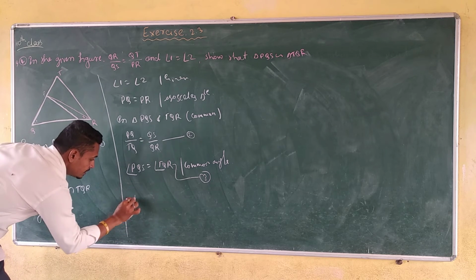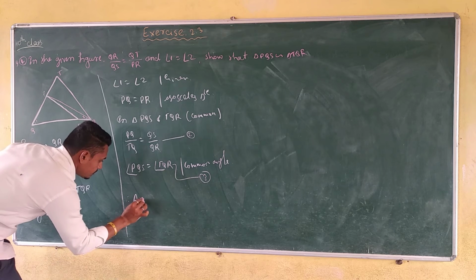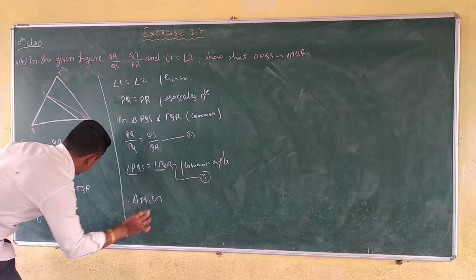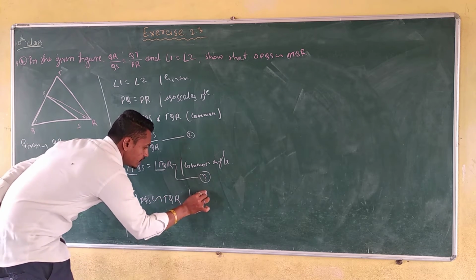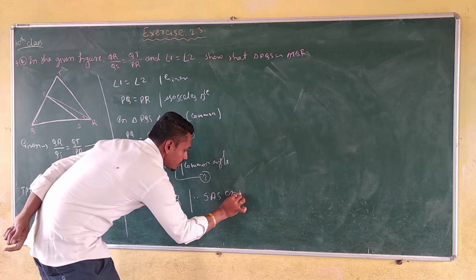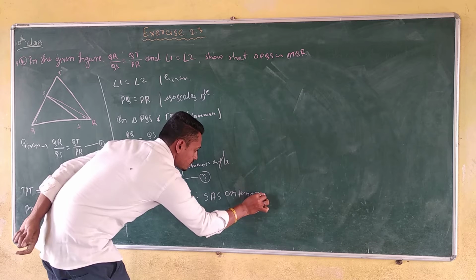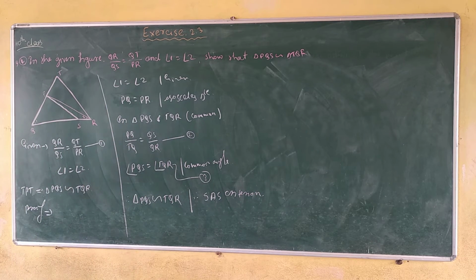So here we can write triangle PQS is similar to PQR because of the side angle side criteria. Is it right? So please note this down and now move towards the next question.